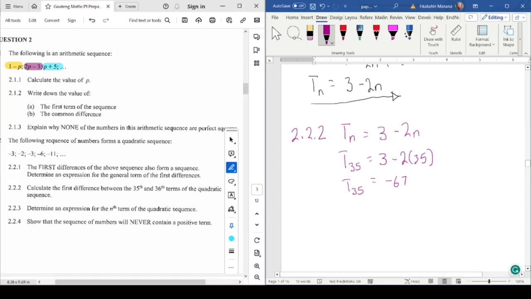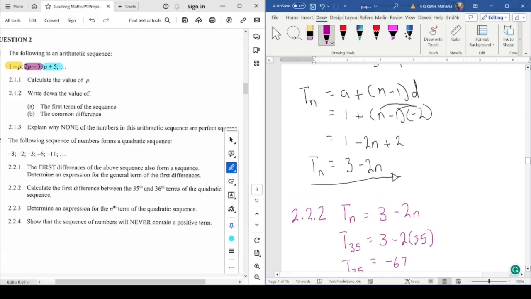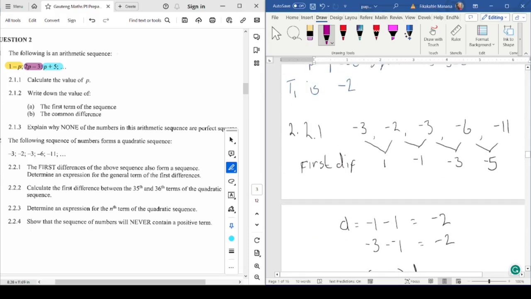Now, what I want to show you is that the terms they're talking about are, remember, term 1, term 2, term 3 of the original sequence.